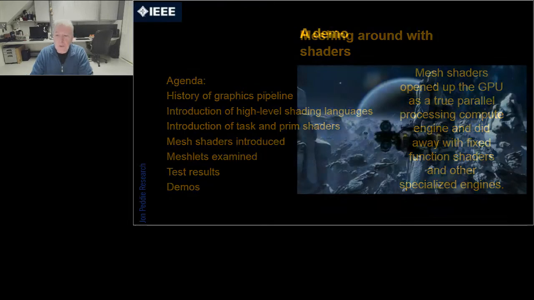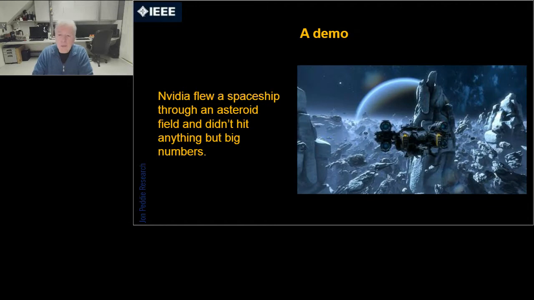So I want to start off with a little video here. This is a video made by NVIDIA, and the reason we're showing it is because NVIDIA introduced mesh shading, and they also introduced a couple of other features of mesh shading, which we'll go into in a little bit more detail. So watch this video. It's only about 1.5 minutes long.